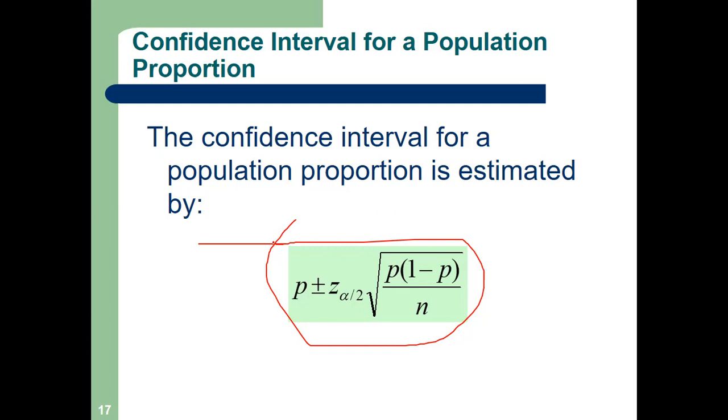P plus minus, whereas in mean what we had was x bar plus minus z sigma by root n. This sigma by root n is nothing but standard error, what Nimish was talking of. So within the formula there is standard error of mean. So P plus minus Z alpha by 2, that means it's for a two-tail test, multiplied by whole root p into 1 minus p divided by n. Is it clear? Have you written the formula?